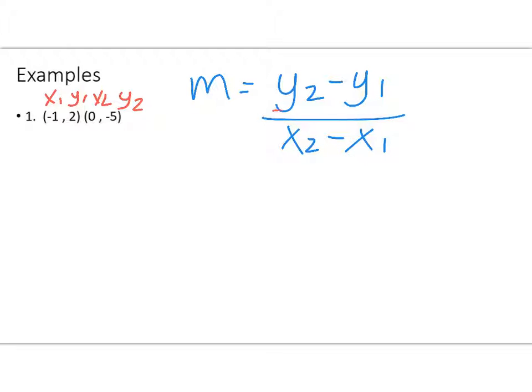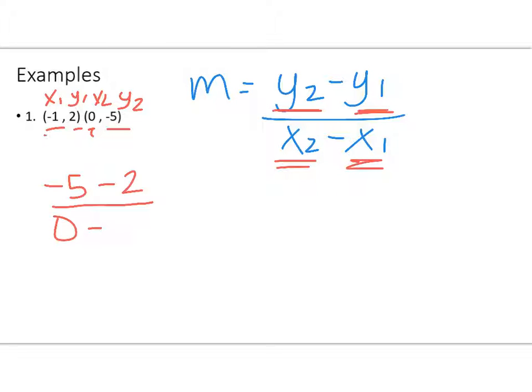So y2 here would be -5, minus y1 would be 2. Then x2 would be 0, minus x1, which would be -1.